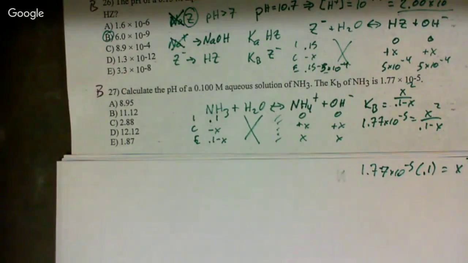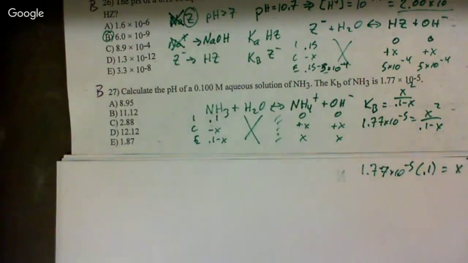And so we're going to take the square root of that product, 0.1 times 1.77, negative 5. And if I can type that into the calculator correctly, there we go. And we'll square root that number.